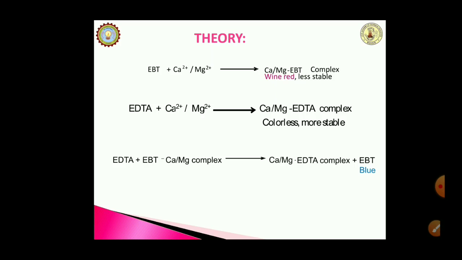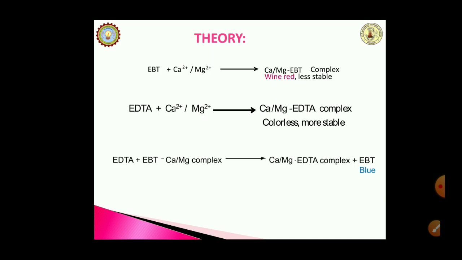Now when we start adding EDTA from the burette into the hard water, which is wine red in color due to the complex formation between EBT and the calcium magnesium ion, the second complex formation begins. The second complex which is going to form is of calcium or magnesium ion with EDTA.